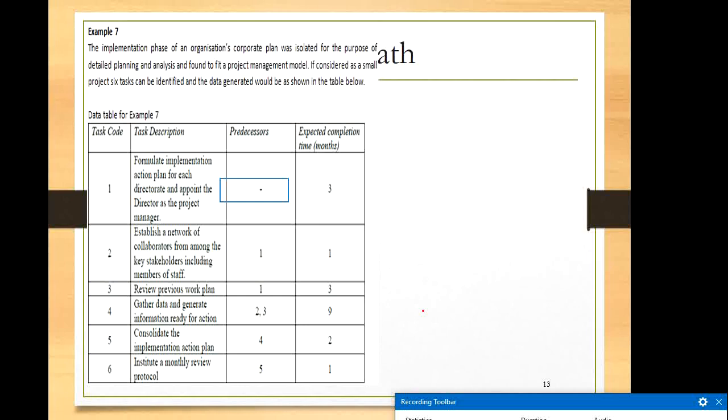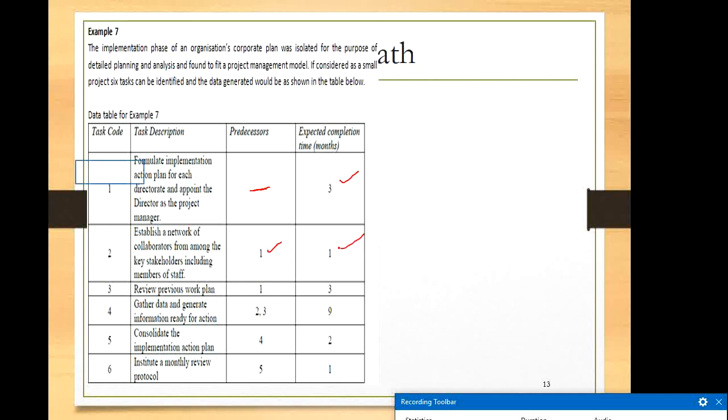Take for example the first task: formulate implementation action plan for each directorate and appoint the directors of the project. There is no predecessor here, but it takes 3 months. Second activity, establish a network of collaborators from among the key stakeholders including members of staff. Activity 2 can commence only after activity 1 is finished. It takes 1 month.